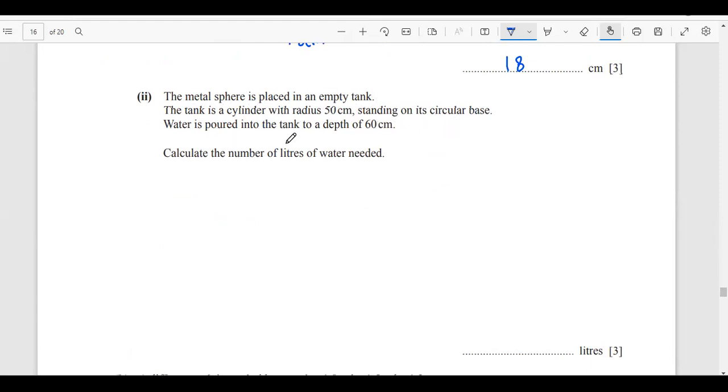Water is poured into the tank to a depth of 60 centimeters. Calculate the number of liters of water needed. Imagine that you have a circular tank and you have placed the metal sphere in it, and now you are to pour water in it till this depth. Okay. So how many liters of water would be required?